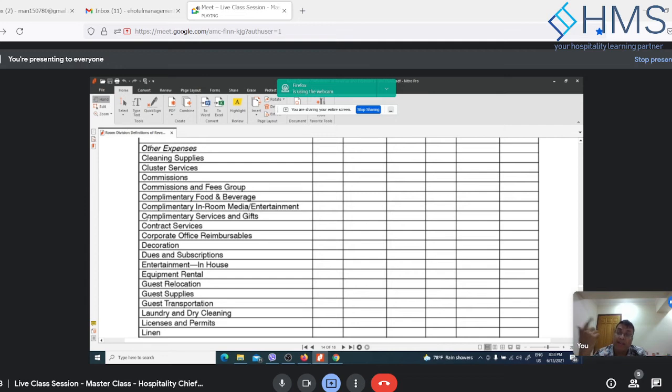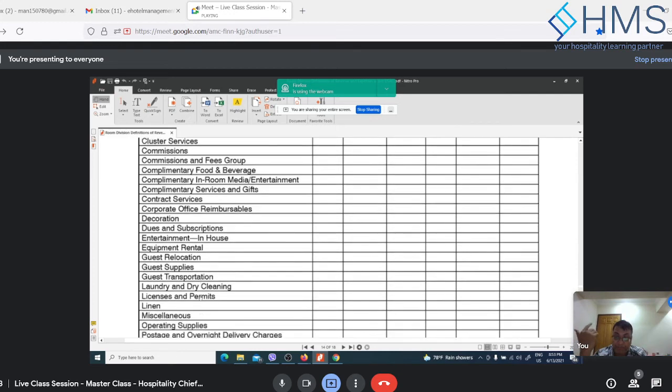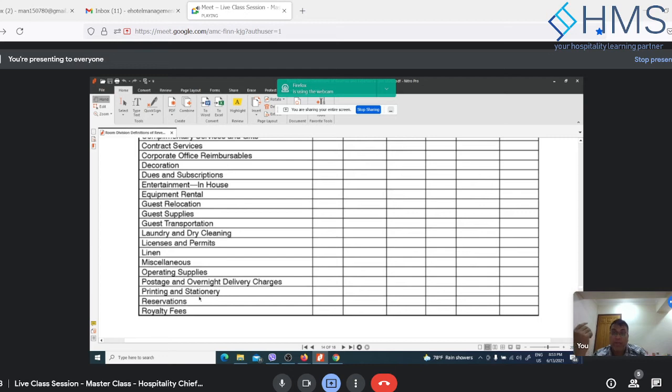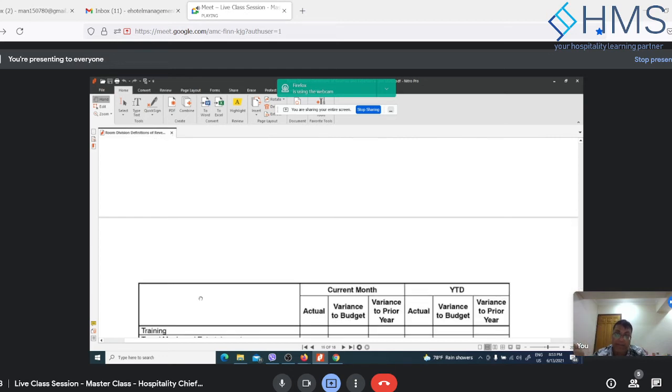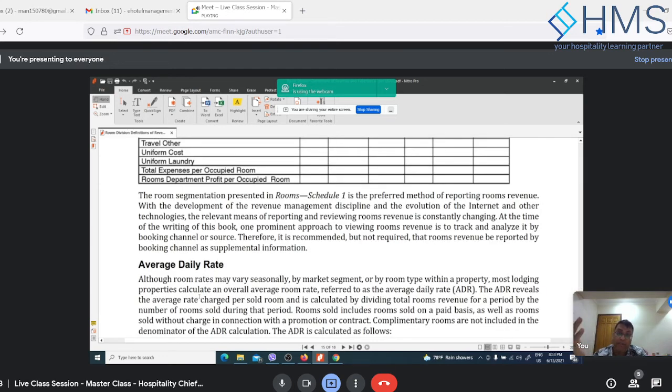But the other expenses can be fixed, like decorations or contract services; usually contract services are fixed. Gas relocations or the transportation can be fixed or can be variable or can be ad hoc, meaning they don't have a relationship with the occupied guest rooms. So that is another statistic that you have to add into the reports.